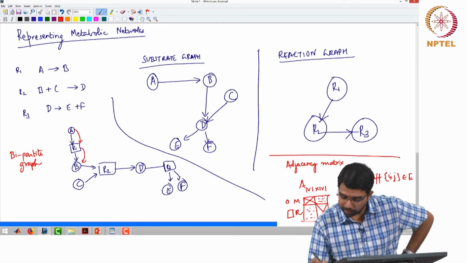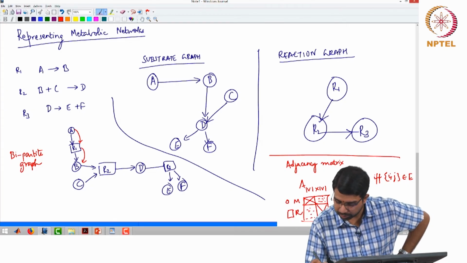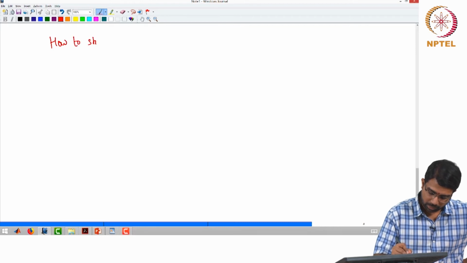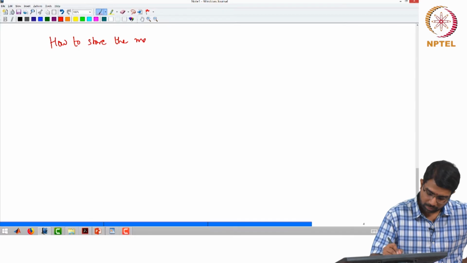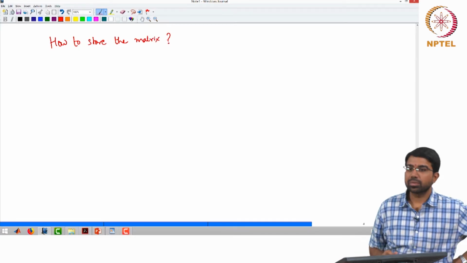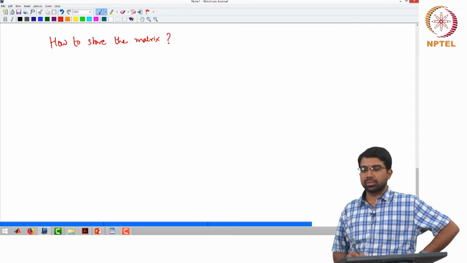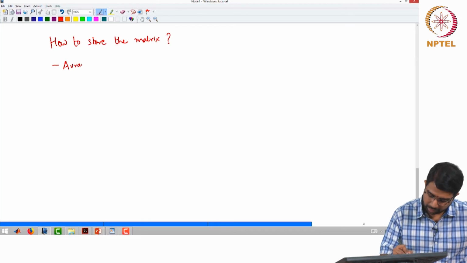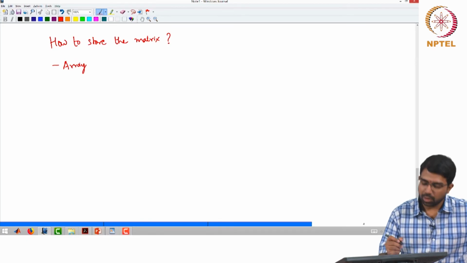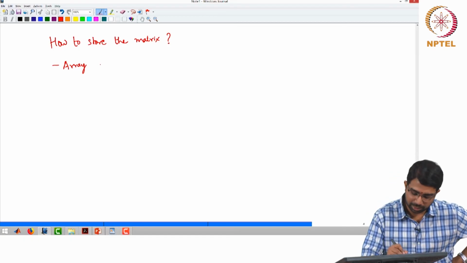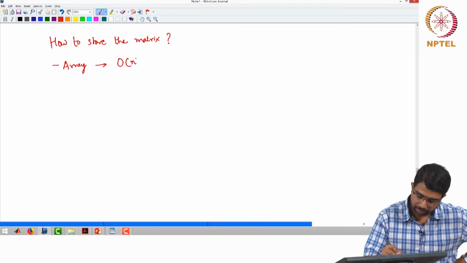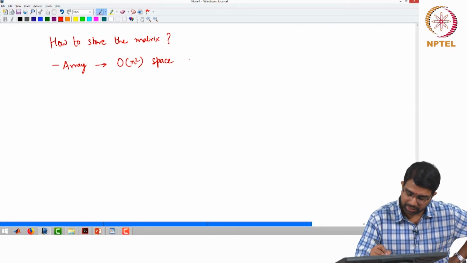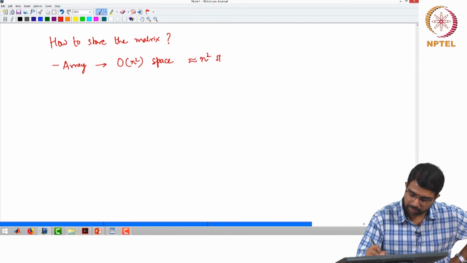And one more important thing you need to think about is how to store the matrix. You typically use an array. What is the problem with an array? It takes up O of n squared space, or if you are not familiar with big O notation, it basically takes approximately n squared space.